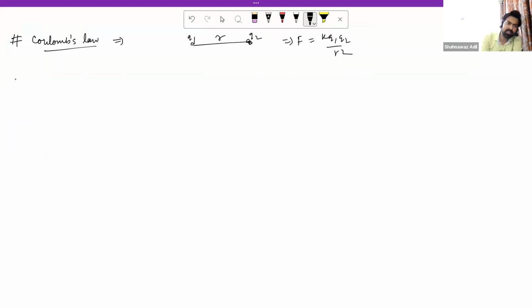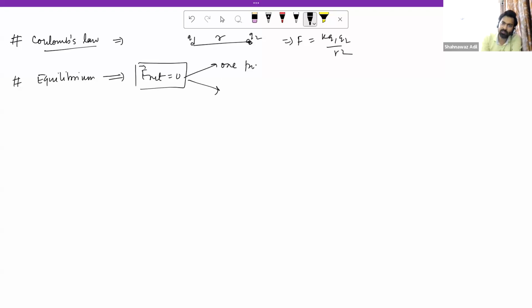And we have also seen what equilibrium is. Equilibrium is simply when F net becomes 0, right? We saw two kinds of equilibrium, point equilibrium and system equilibrium. These two things we have discussed. And then we have also seen some tension questions, right?